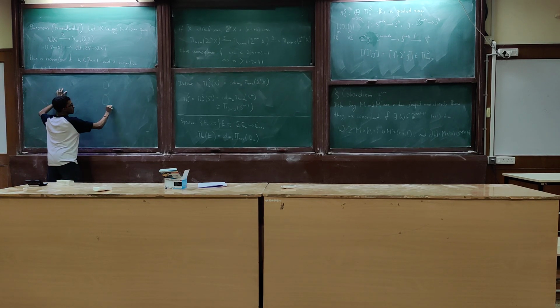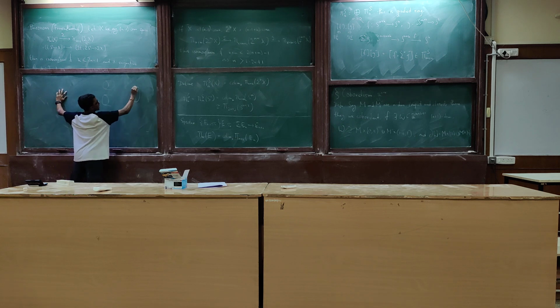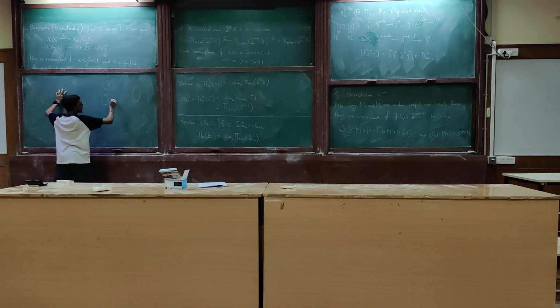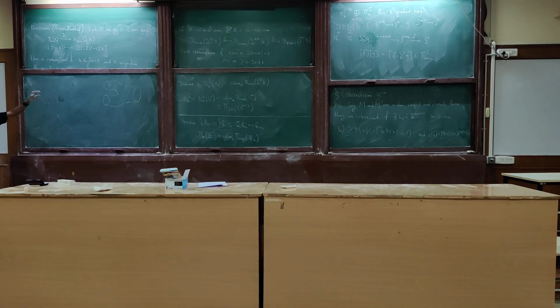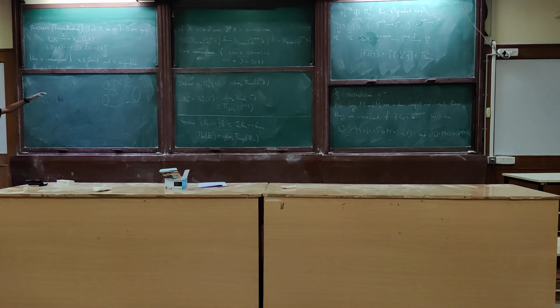You consider a collar, and say this was your M'. You consider another collar. So they are cobordant if you can find a W such that W contains these two guys and the boundary of W is simply the disjoint union of M and M'. Now what we will do is talk about framed manifolds.